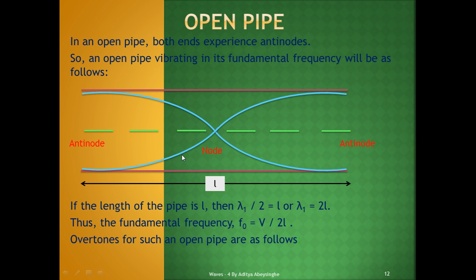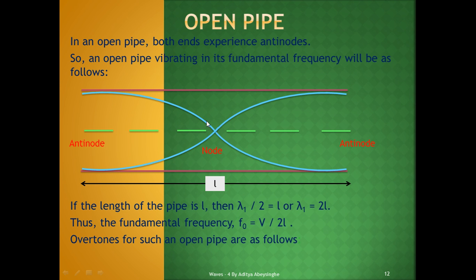So having discussed the closed pipe, let me introduce the open pipe. As I mentioned a little while ago, in an open pipe both ends experience antinodes, right? So it should be as so, because you know at a barrier you get the nodes, and at some free end you get particles to vibrate with the maximum displacement or with the amplitude.